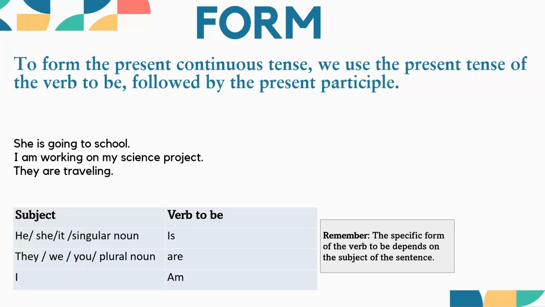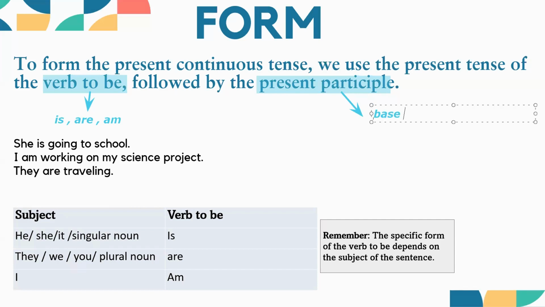To form the present continuous tense, we use the present tense of the verb to be. So our verbs to be in the present tense are the verbs is, are, or am. And following this, we use the present participle. So the present participle is the base form of your verb plus ing.